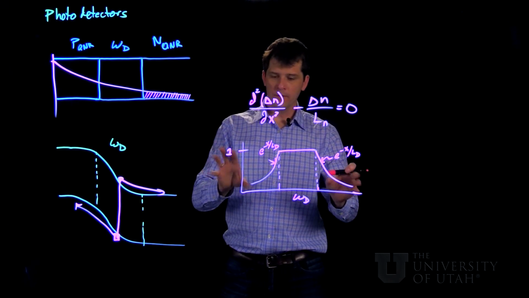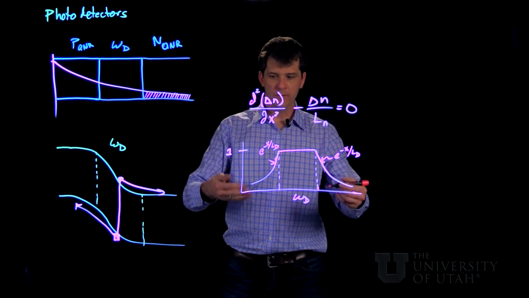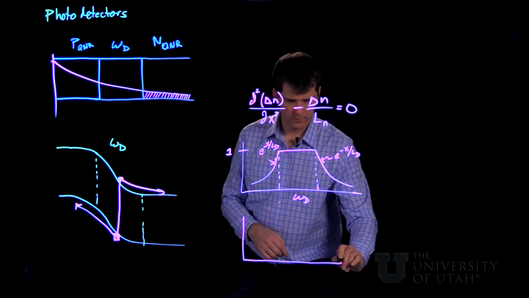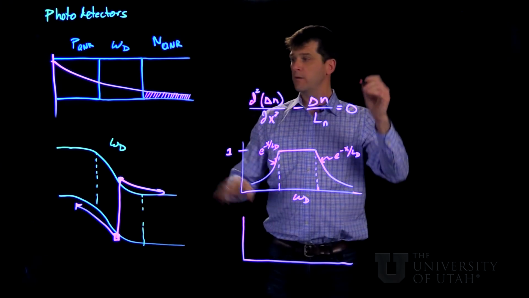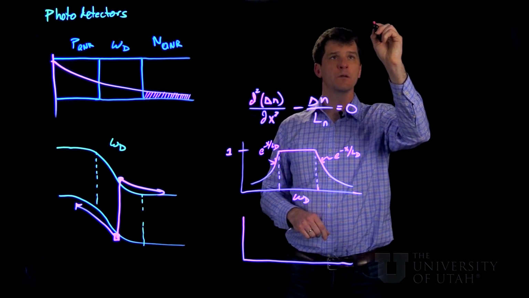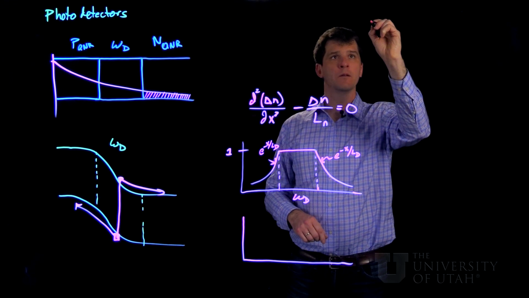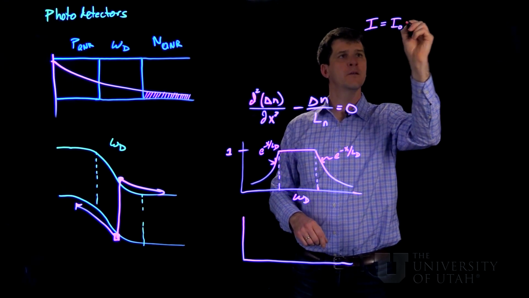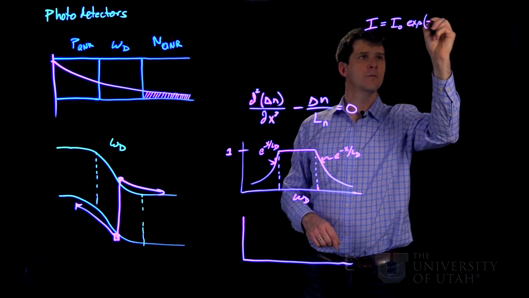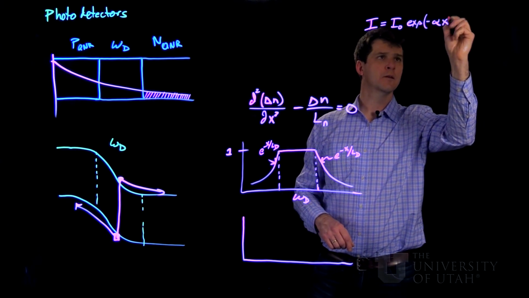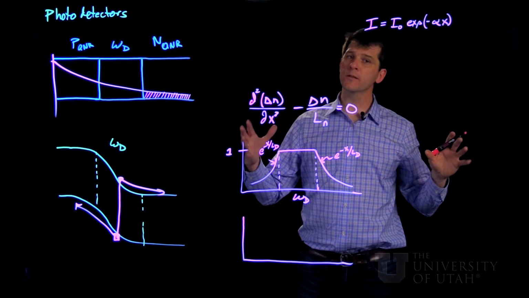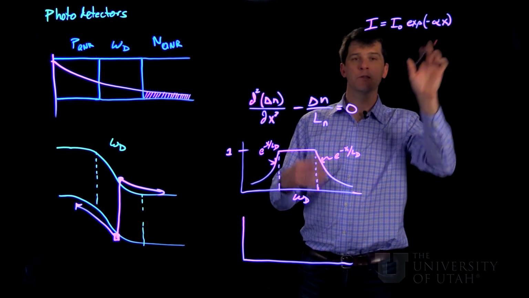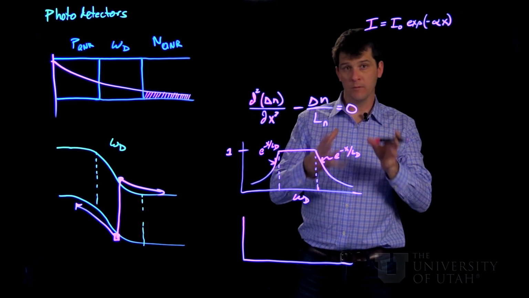This is a useful concept because we can just multiply this by the carrier generation function. So we can convert Beer's law into a generation rate by saying, I equals I naught e to the minus alpha x. This describes the power which is still contained in the propagating beam of photons.